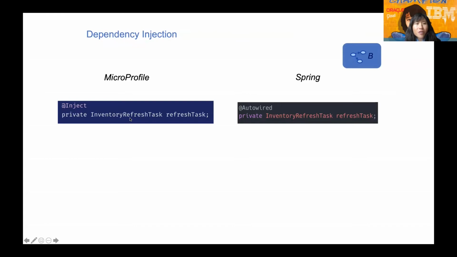CDI also implements JSR 330, built on top of JSR 330, and Spring obviously adopts JSR 330, but also creates its own other APIs like @Autowired, etc. Just to emphasize, @Inject and @Autowired both work in Spring, and MicroProfile directly uses CDI, only supporting @Inject.